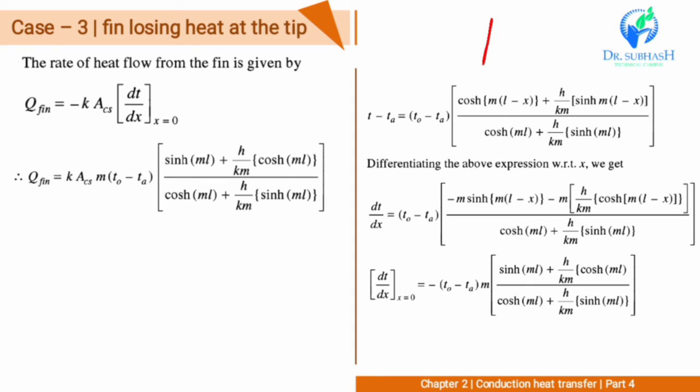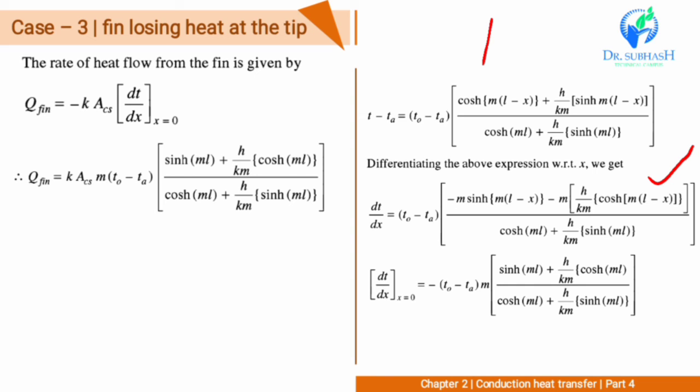inside the bracket. The derivative of cos hyperbolic m into L minus x is equal to minus m sin hyperbolic m into L minus x, and the derivative of sin hyperbolic m into L minus x is equal to minus m cos hyperbolic m into L minus x, whole divided by cos hyperbolic ml plus h by km sin hyperbolic ml.